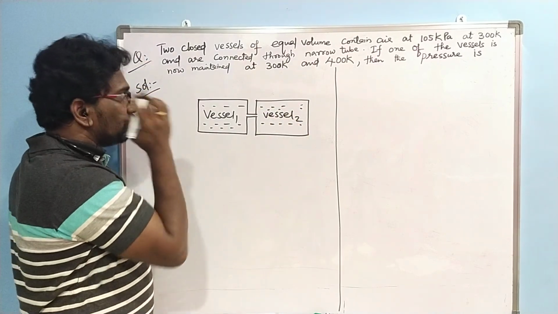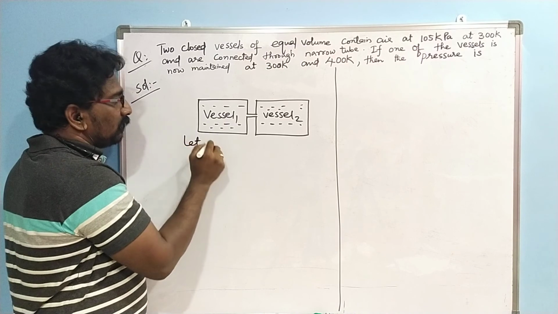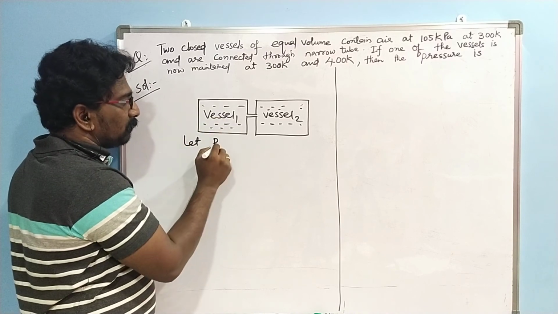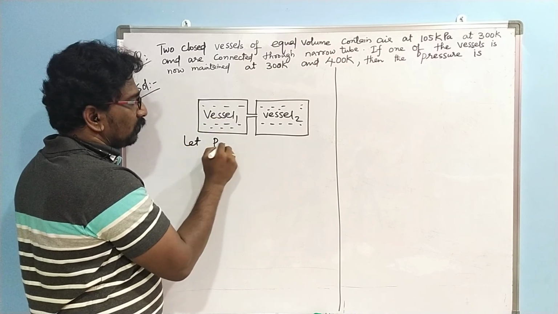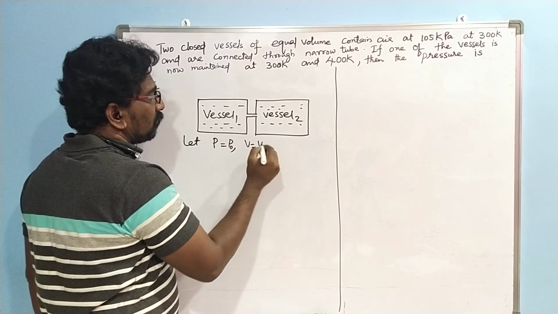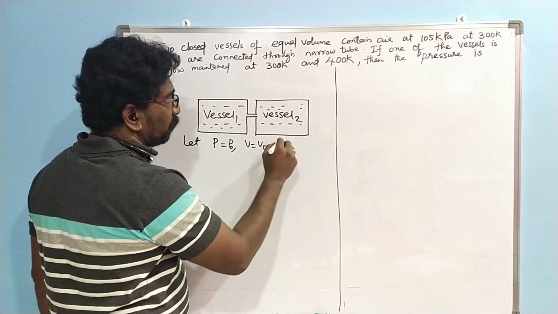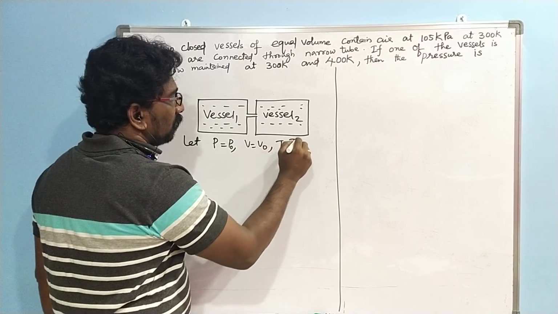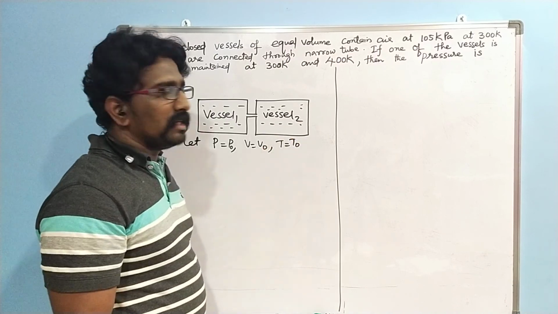Now, let the pressure of this vessel be P equal to P naught, volume equal to V naught, and temperature equal to T naught. Let this be the case for us.